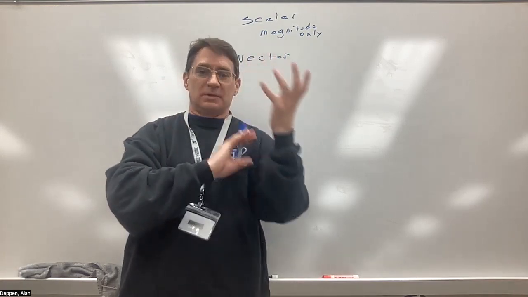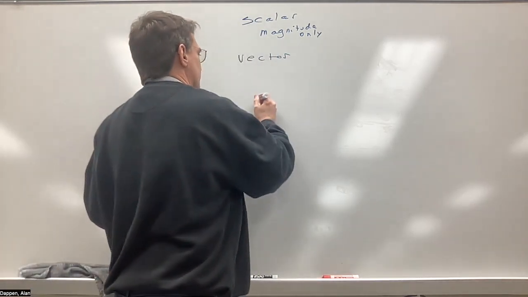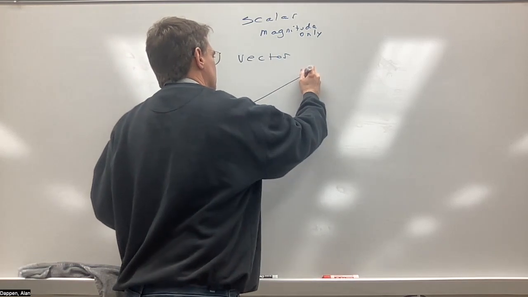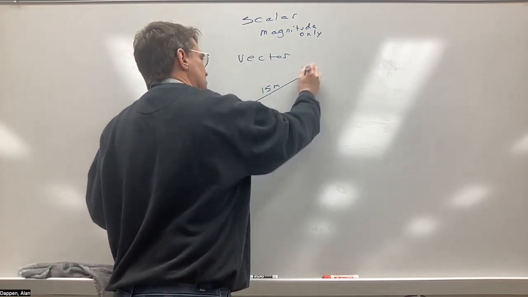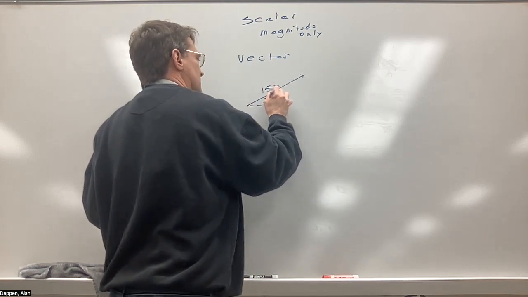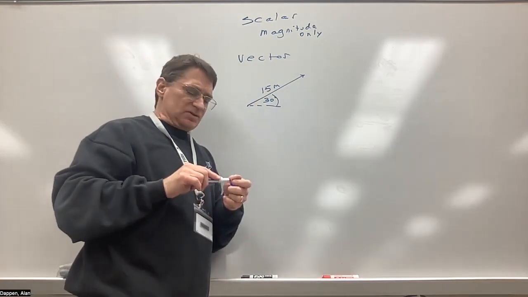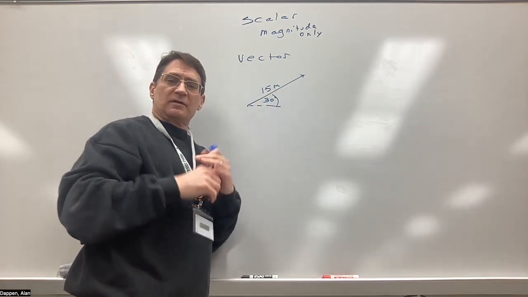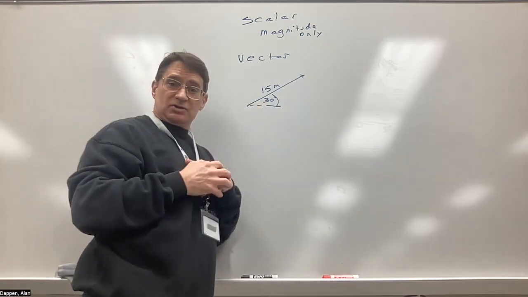The direction is which way it's pointing. For example, suppose I have a vector that is 15 meters long in this direction, I'll call that 30 degrees above the horizontal. So a vector is 15 meters at 30 degrees above the horizontal. That might be a displacement vector, how far something moved in this certain direction.